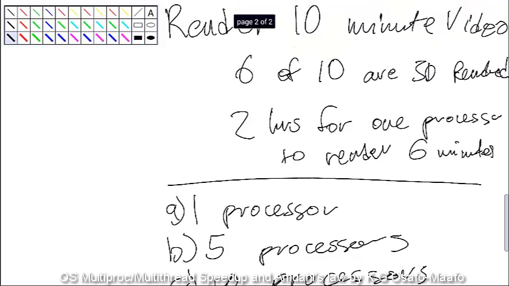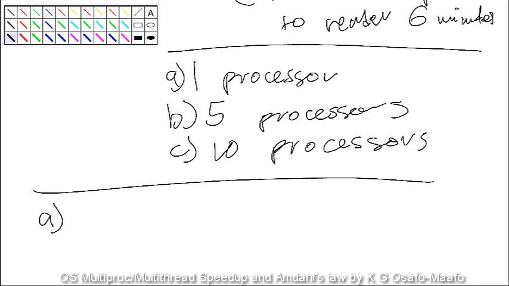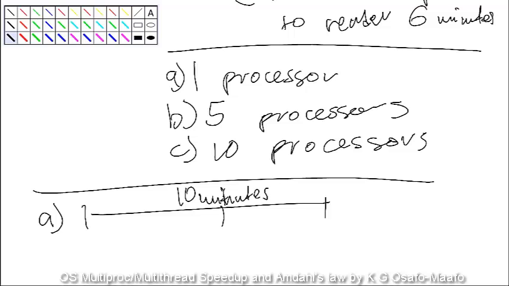For one processor, I have 10 minutes of video, and there's 6 minutes of 3D rendering that has to be done, and the rest is just regular, 4 minutes.